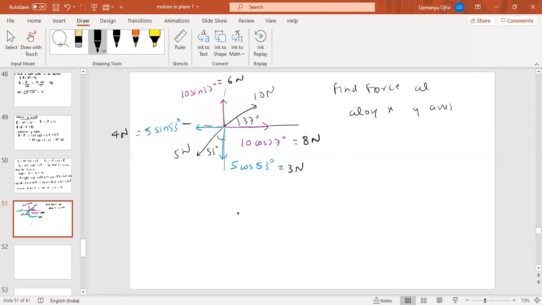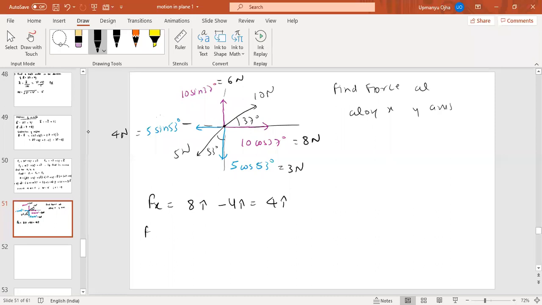So if I have to find the net force along the x-axis, net force Fx will be equal to what? 8 i cap, because if you take this as the reference point, then 8 Newton is acting on the right side and 4 Newton is acting on the left side. So it should be 8 i cap minus 4 i cap, which means 4 i cap.